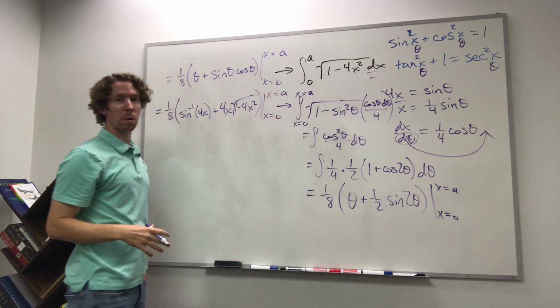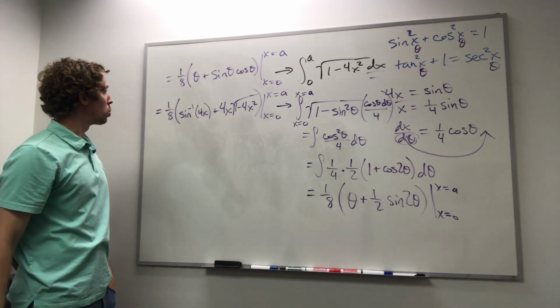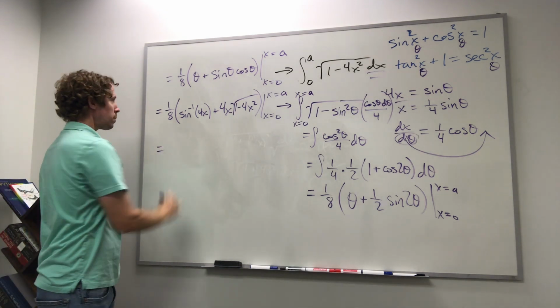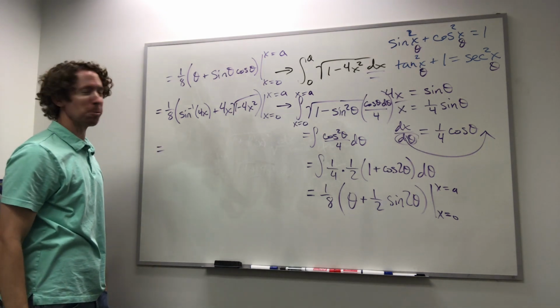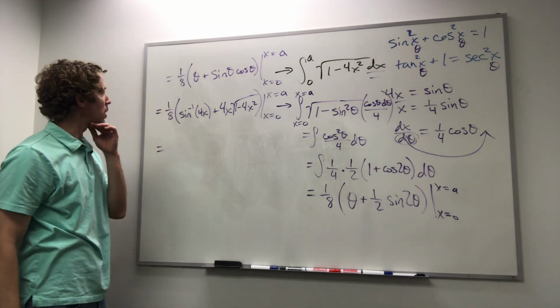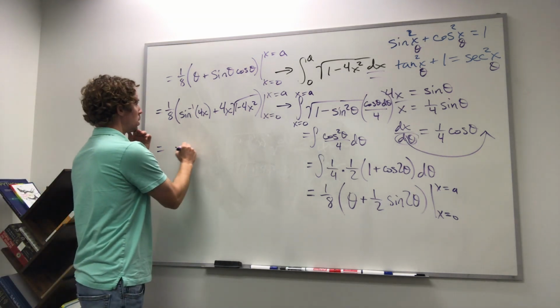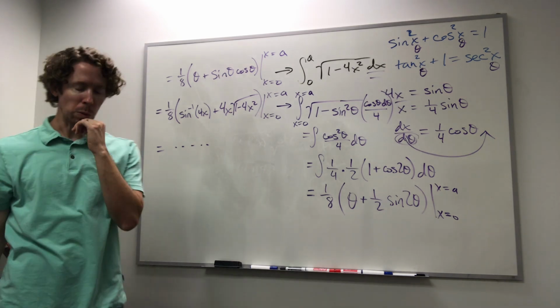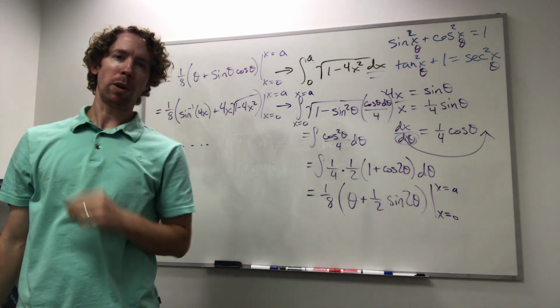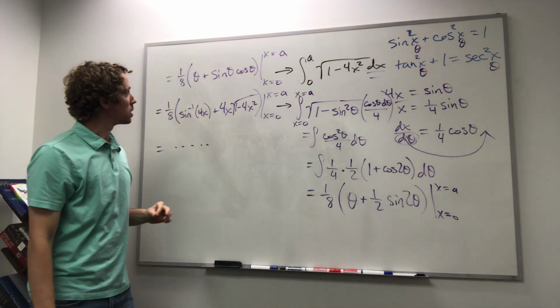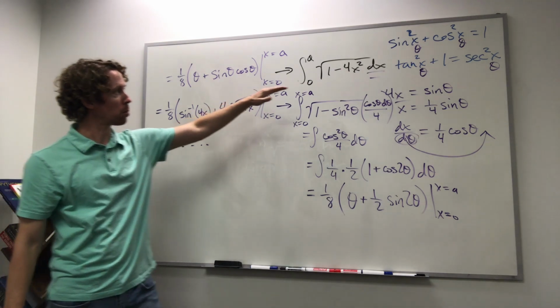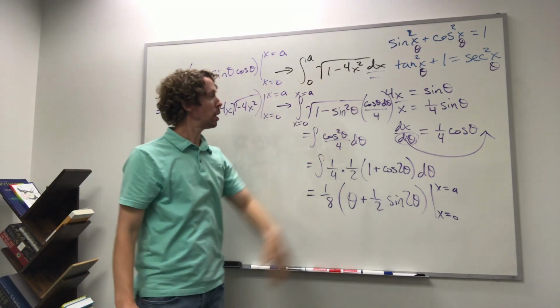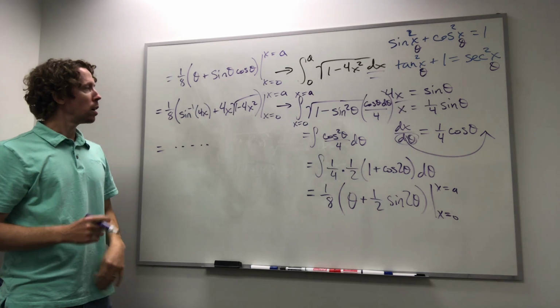All right, and now we can just plug in our bounds as usual, and we get a nice final answer from this. It's a little complex. Remember, what we started out with was the length of a parabola. This is not that problem because I changed the plus to a minus, but it's related to that.